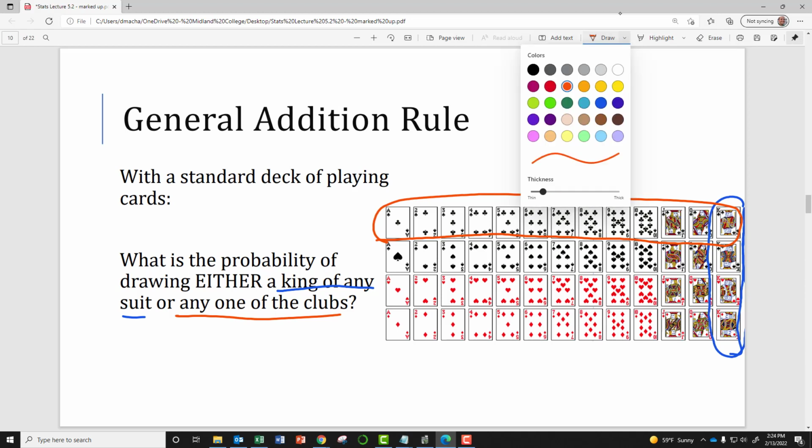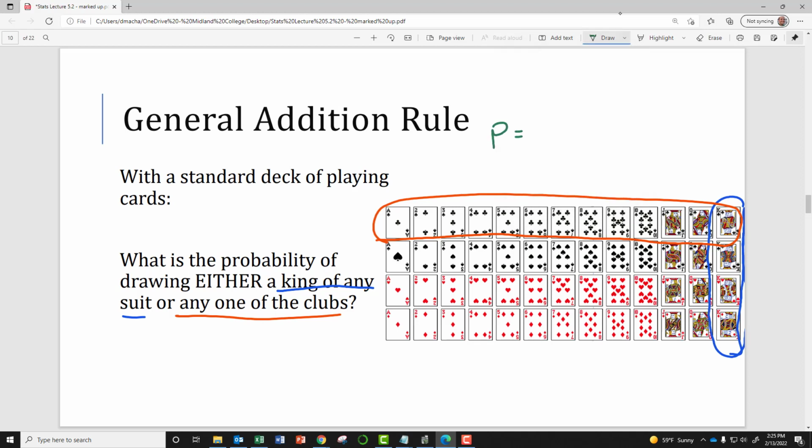Now, to calculate my probability here, this is going to be the number of ways that I can count a success divided by the total number of possible outcomes. If we're drawing a card from a deck, there's 52 possible outcomes. How many ways can I draw either one of these blue cards or one of these orange cards?